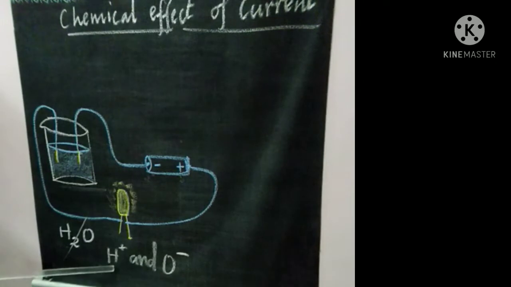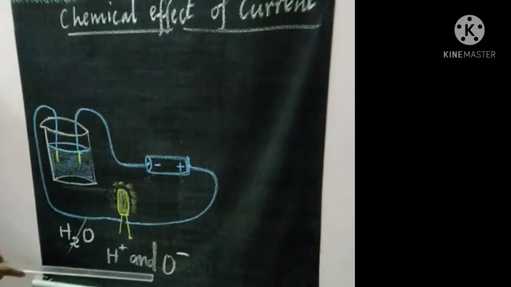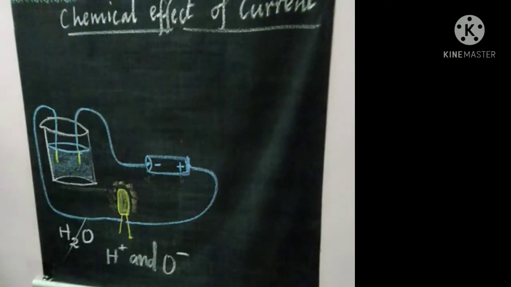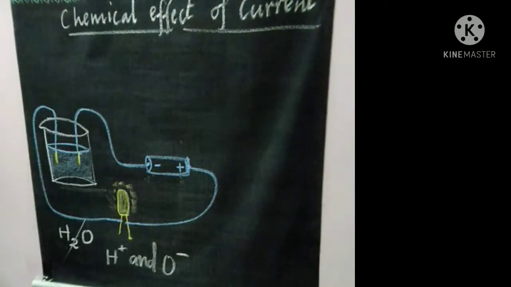This is called cation, positively charged, and this is called anion, negatively charged. This chemical dissociation makes the electrons move through the liquids and makes the bulbs glow. This effect is known as chemical effect of electric current.